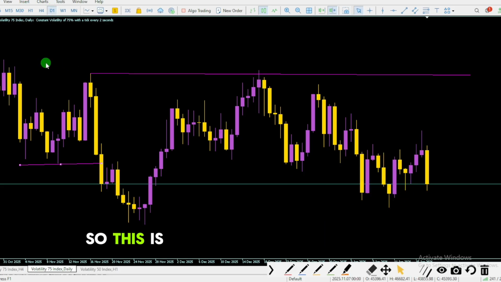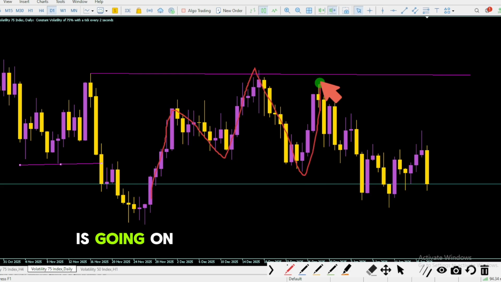So this is what the daily time frame is telling us, that the market is actually in a range. Being in a range means it's not having a clear structure. There is no defined direction.